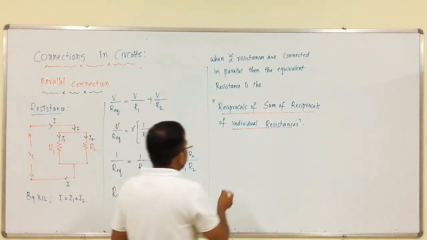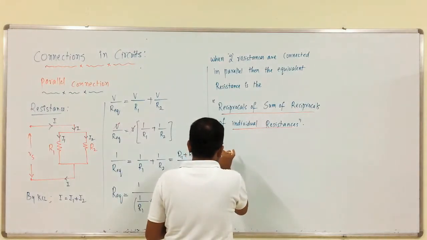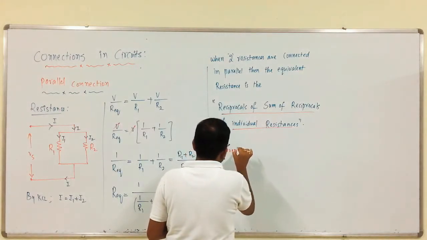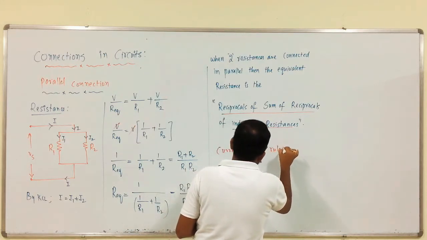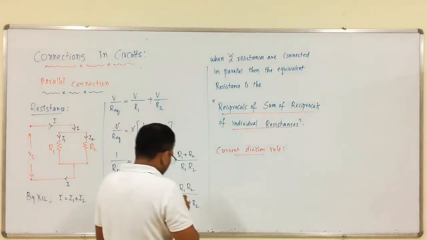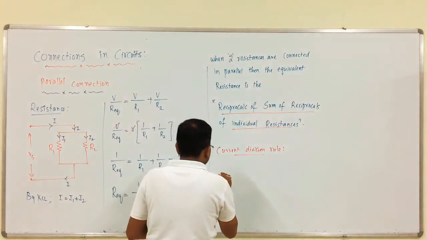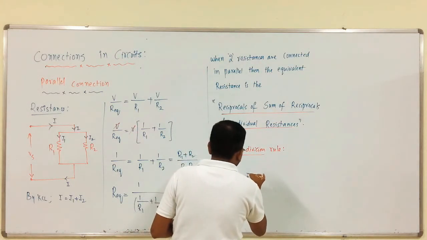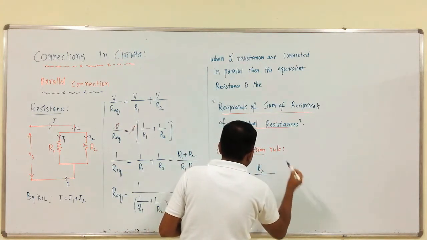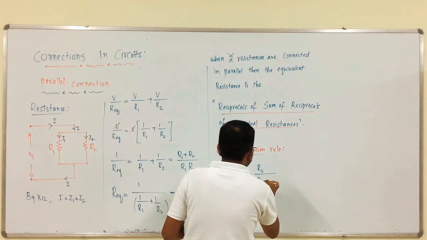Therefore, we have to observe the current division rule. To get the current, that is I R1, it is the total current into the opposite branch resistance by total resistance, we all know that.